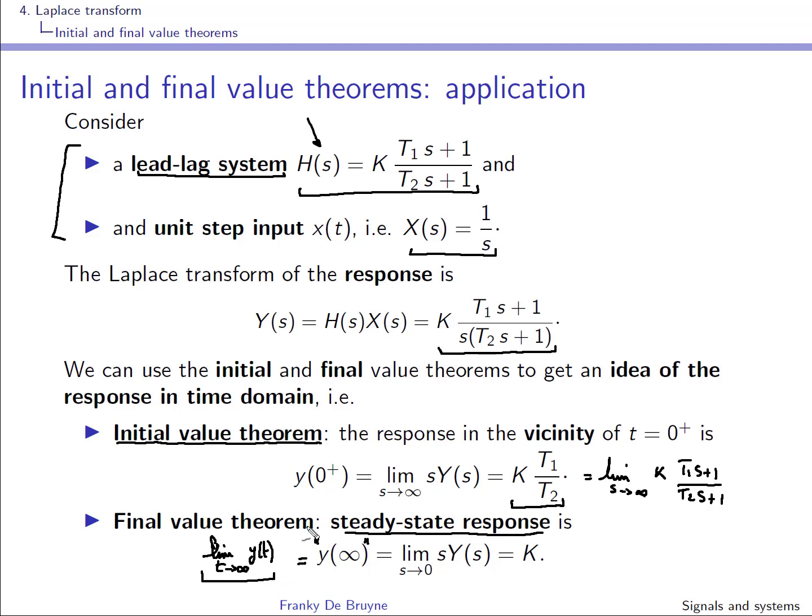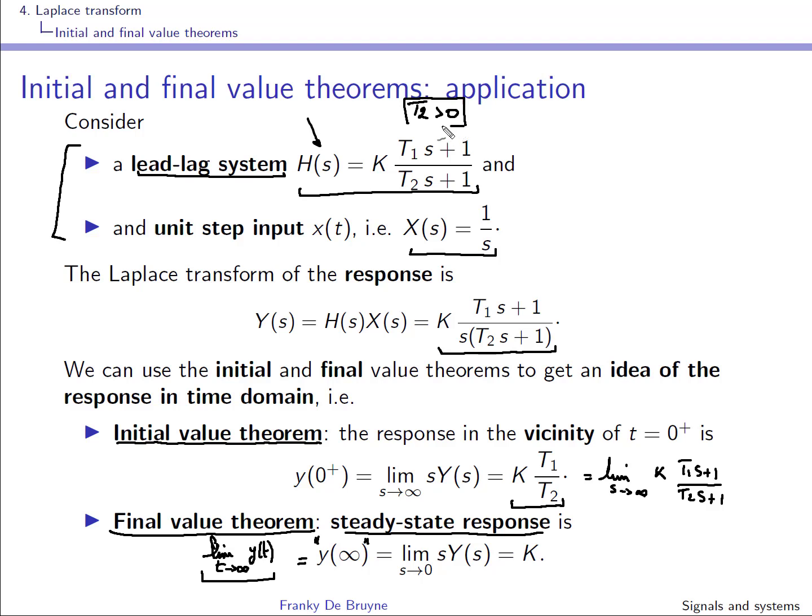And if I now use the final value theorem, I can use it if the pole is in the left half plane. So implicitly we make the assumption here that t2 is positive.